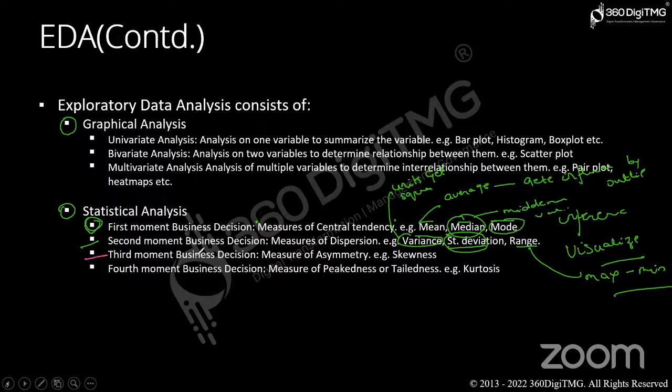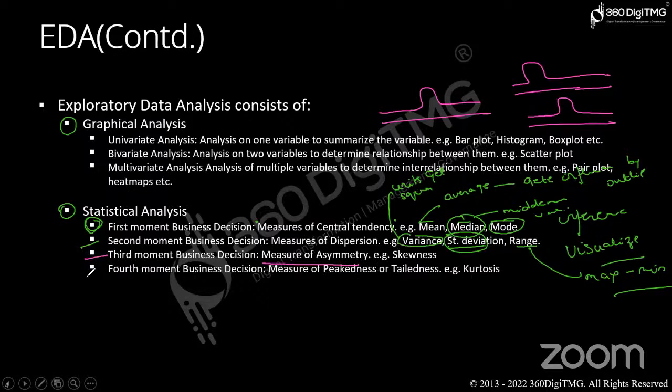Third moment business decision is also called a measure of asymmetry. Here we are trying to find out the skewness, whether our data is positively skewed, negatively skewed, or you have a normal distribution. Measures of asymmetry, skewness.